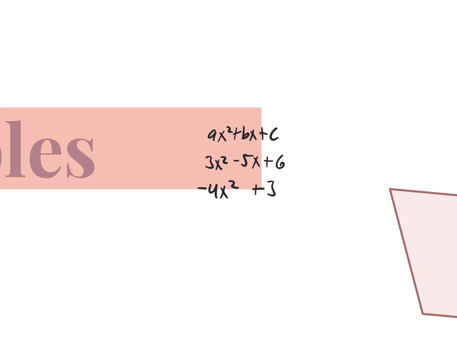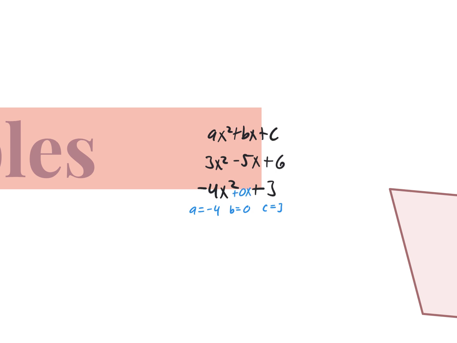So now in standard form, we should be able to label an a, b, and c. In this case, our a is going to be whatever's in front of our x squared. Our c is going to be our constant, but what is our b value going to be? If you don't see one, then it's going to be 0, because really, there's kind of a little invisible x here.